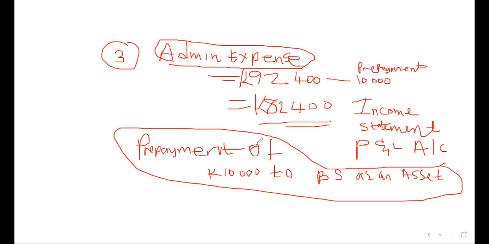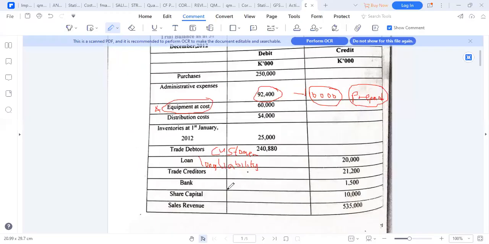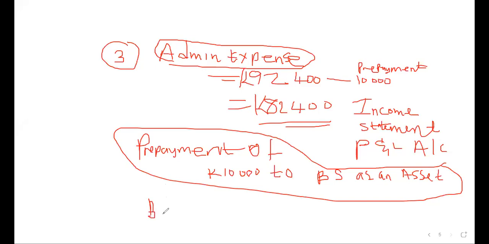And not only that, what is important here is to understand that when you see in the question that you have a bank which is on the credit side, it means that it's a bank overdraft. It's not an asset.